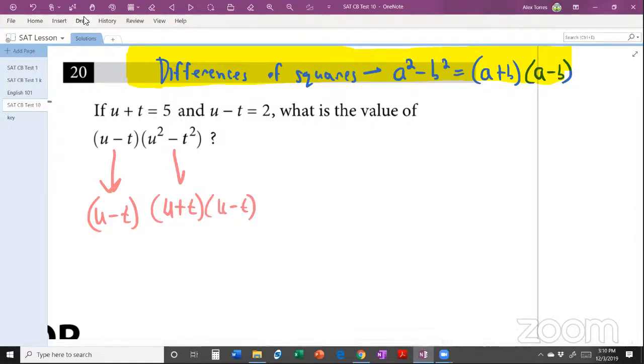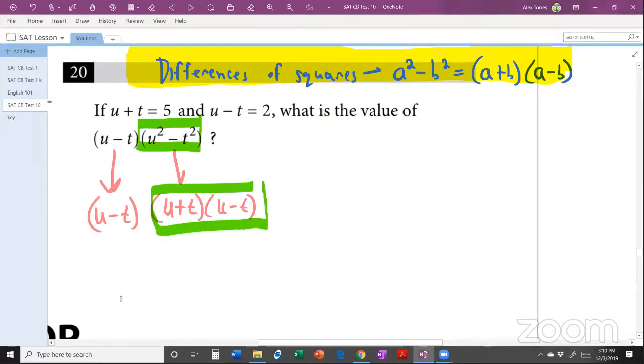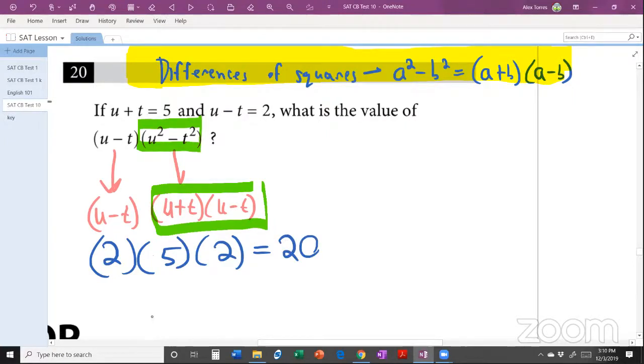So that's how this thing here factored to this. And the question is telling us that u minus t equals 2, u plus t equals 5, and then u minus t once again equals 2. So it's 2 times 5 times 2, 10 times 2, which is 20. And the answer to number 20 is 20.